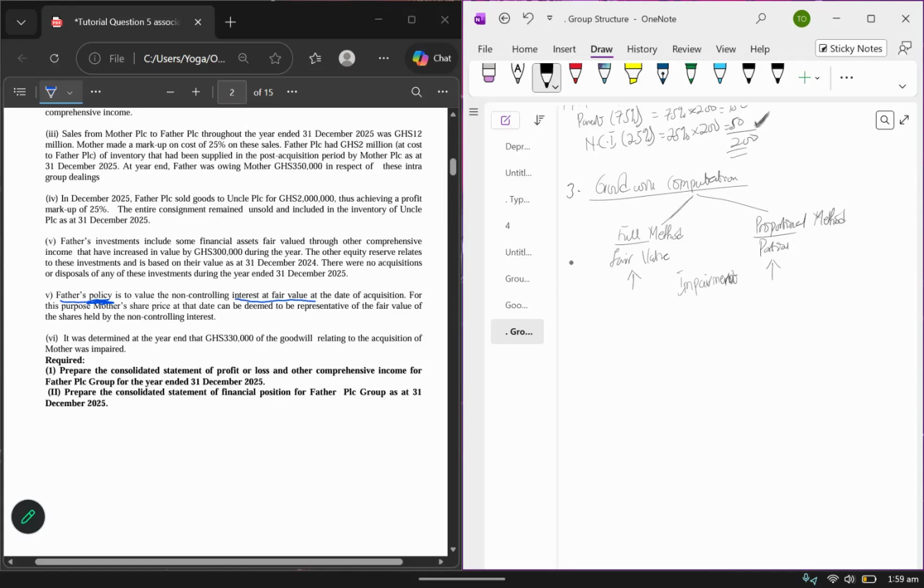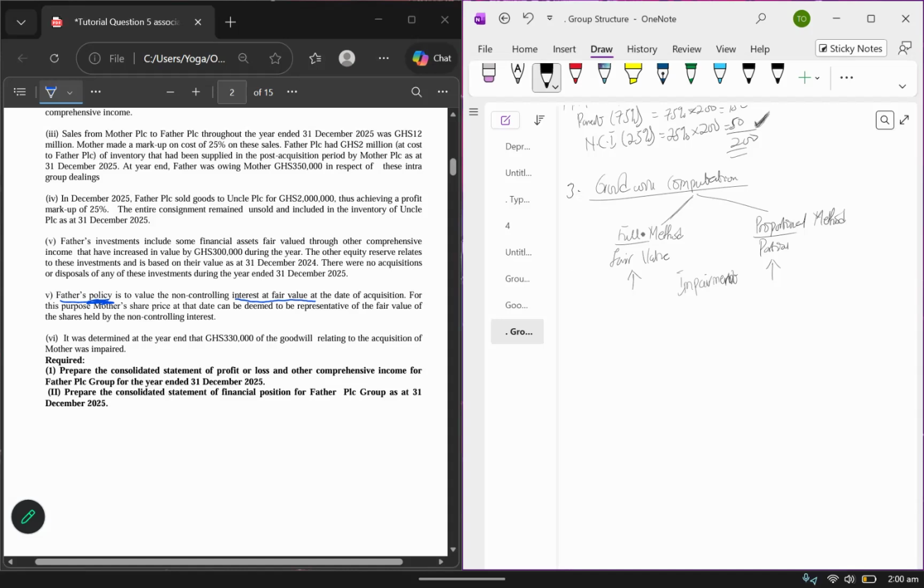What we've been doing there is because in most of the questions that we've been solving, the non-controlling interest is at fair value, the full method. So when it's the full method, you share the impairment between non-controlling interest and the group retained earnings. But when you are doing the proportional method, you send all the impairments towards the group retained earnings. The NCI will not have a share.